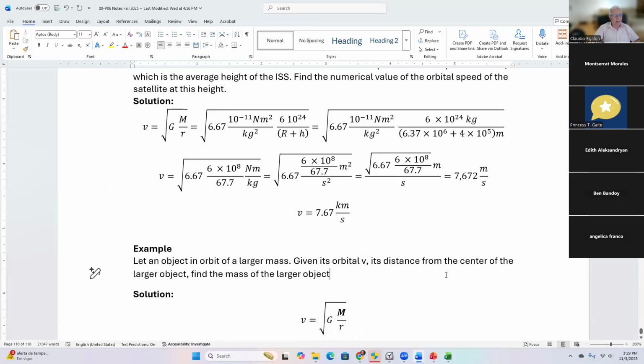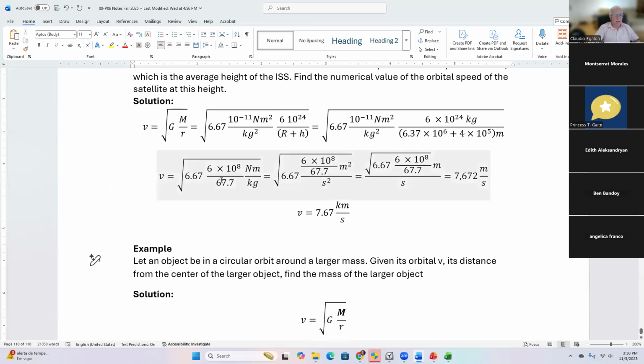Let an object be in a circular orbit around a larger mass, given its orbital speed v and its distance r from the center of the larger object, find the mass of the larger object.